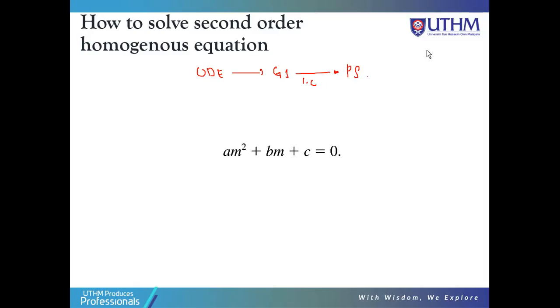This framework is still the same for first order, second order, and so on. After you solve for the constants, you can get the general solution using this condition, and then you can get the particular solution. So in chapter 2 we focus on the second order.